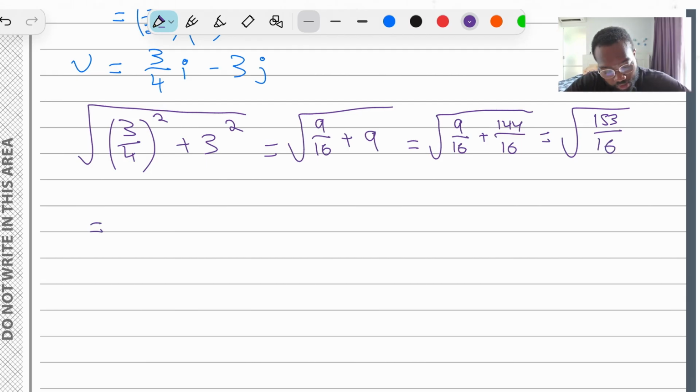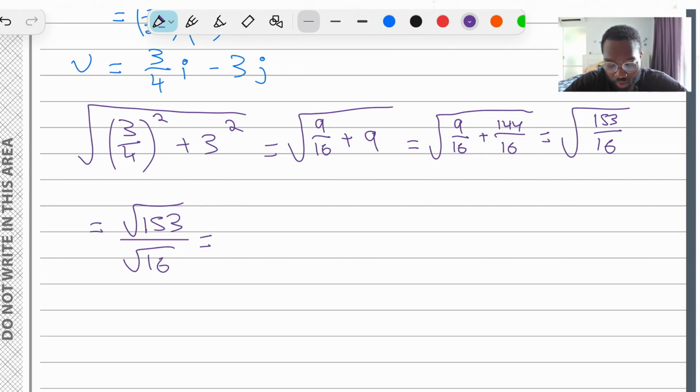If we simplify this down, that means we get the square root of 153 over the square root of 16. Well, 153 looks like a weird number, right? It doesn't look like a normal number, but actually it does simplify down. If you look at the previous question, we did 9 times 16 and we got 144.